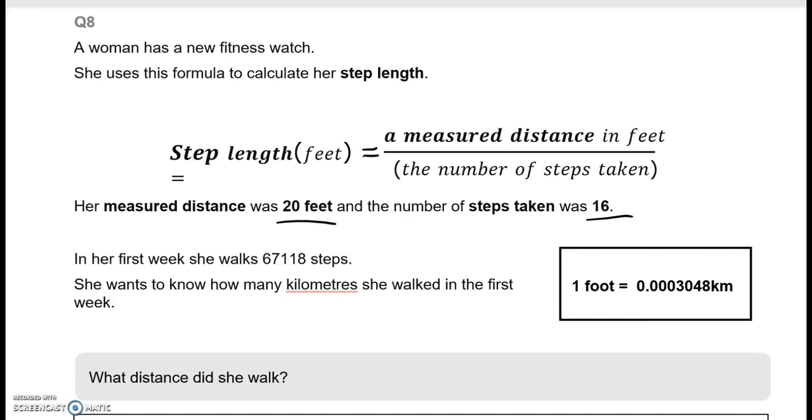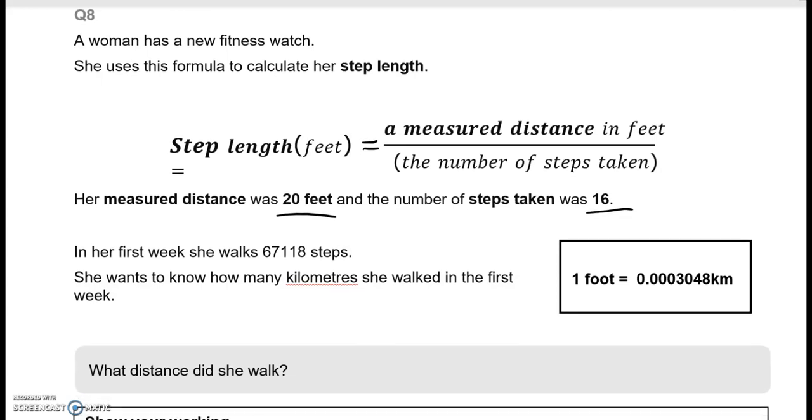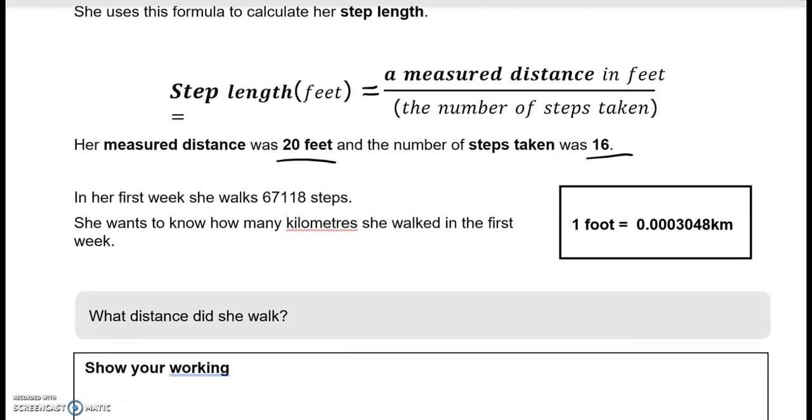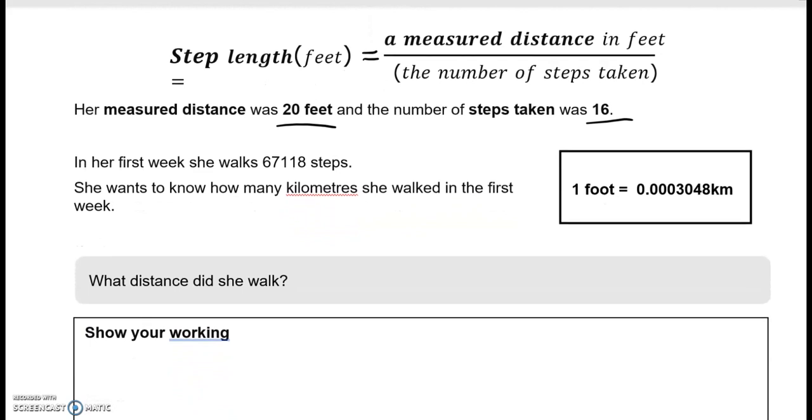We'll use her step length to figure out the distance she's walked. So to find the step length, we'll divide the measured distance, which is 20 feet, by the number of steps, which is 16.